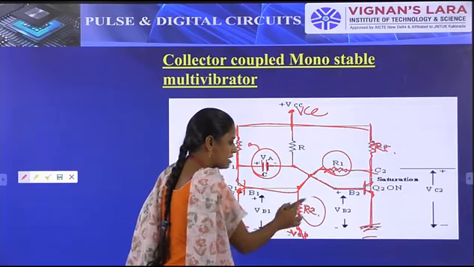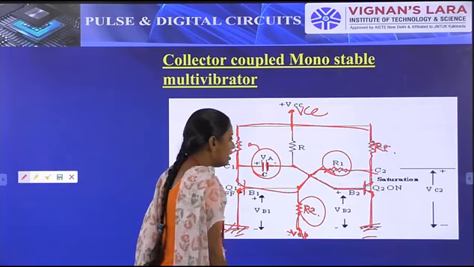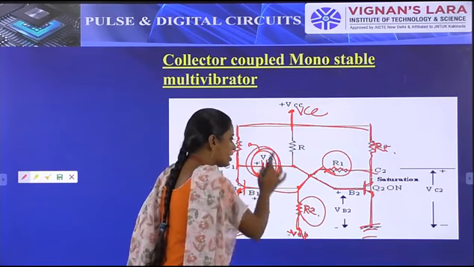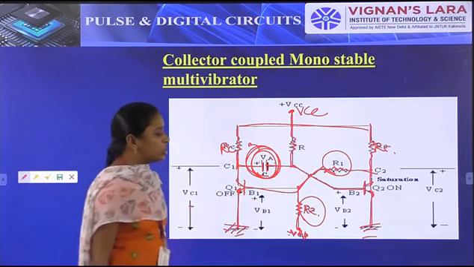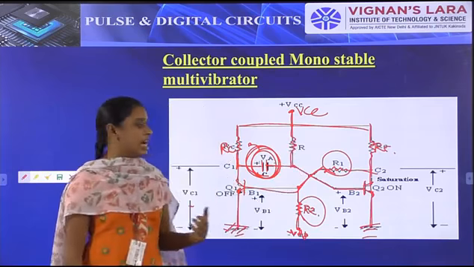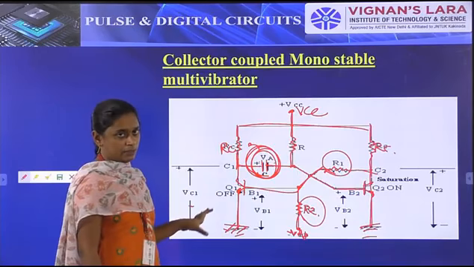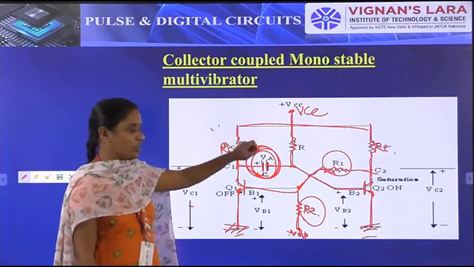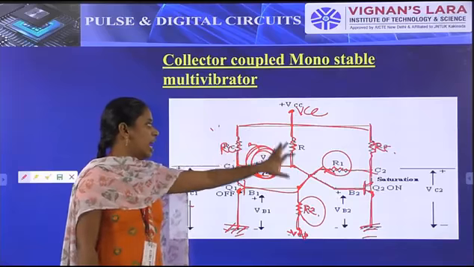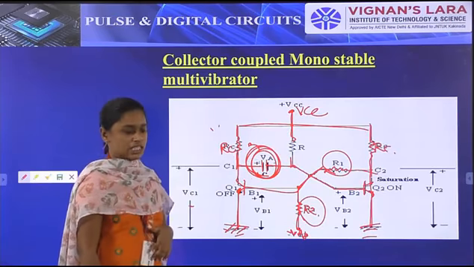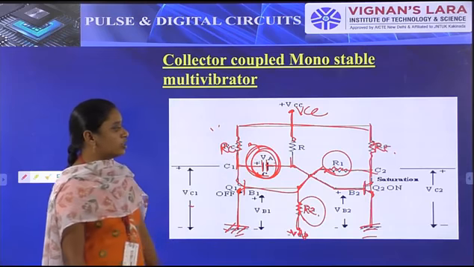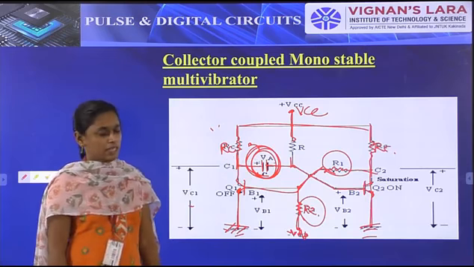This is a biasing resistor, and in the capacitive coupling we connect a resistor. Why? Because without a resistor the charging and discharging will not be performed in the correct manner in the capacitor. That's why for the charging and discharging part we connect a resistor to VCC. So this is the circuit diagram of the monostable multivibrator.